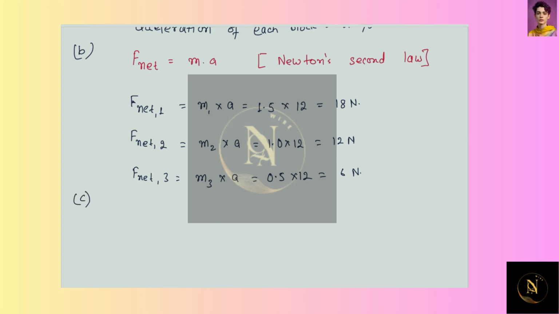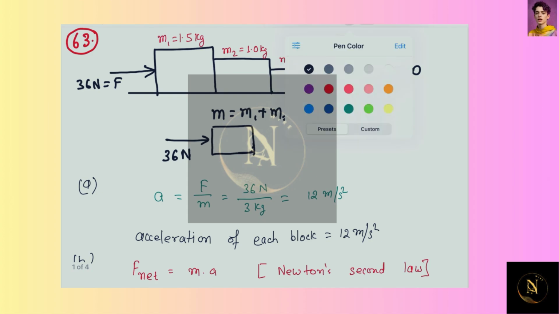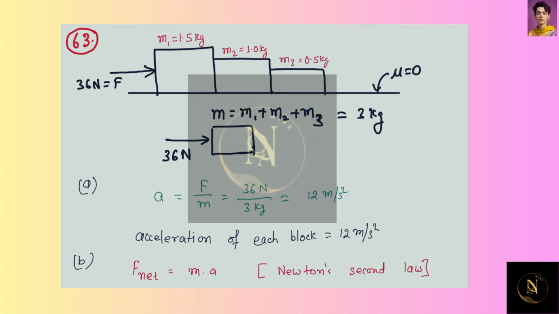In the third part, we have to find the pushing force between the blocks. Let us look at the diagram and assume that block 1 is pushing block 2 with force N2. Then block 2 will also push block 1 with the same force N2.